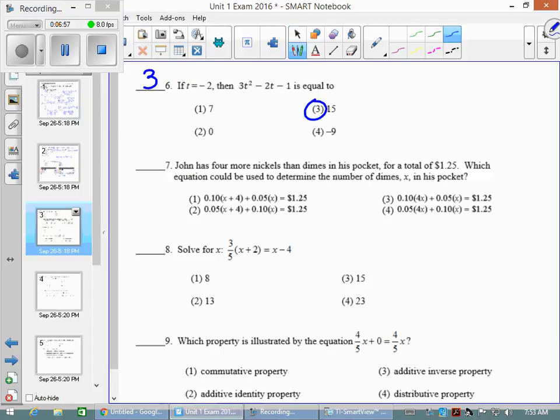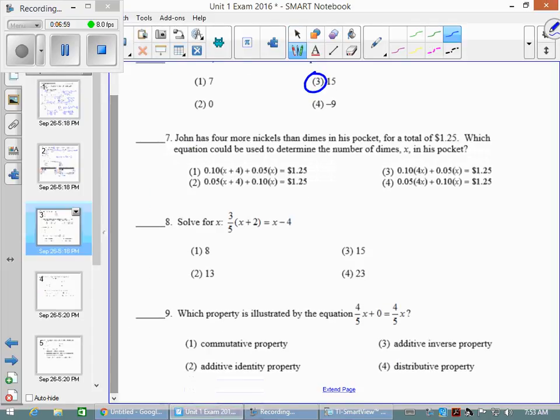Okay, question 7. It says John has 4 more nickels than dimes in his pocket for a total of $1.25. Which equation could be used to determine the number of dimes in his pocket? So if we want to think about this, we can do our type, number, value, total chart. And again, this isn't going to be that long, because we only have 2 types of coins.